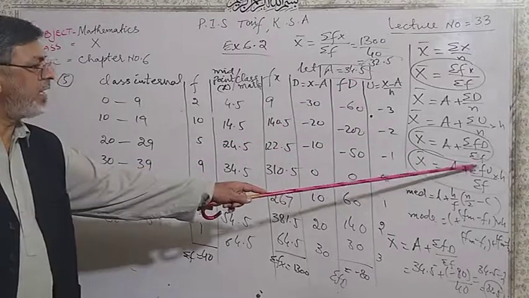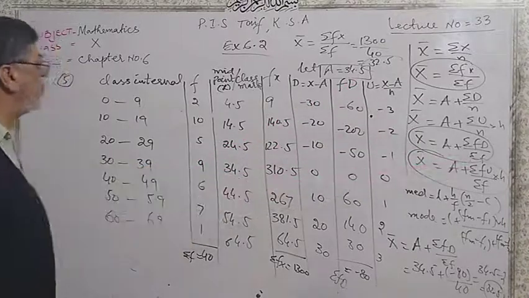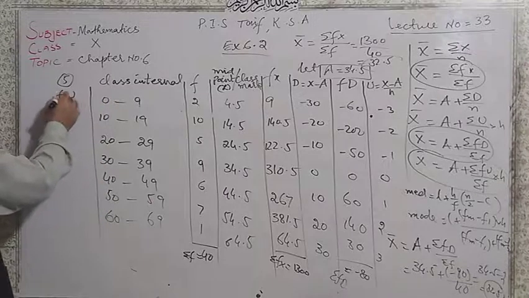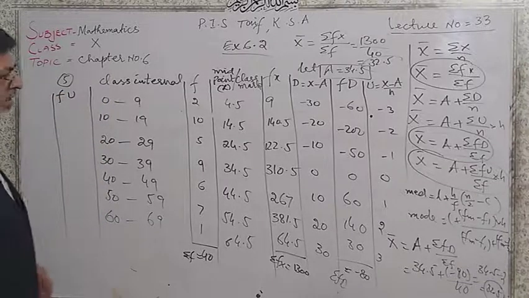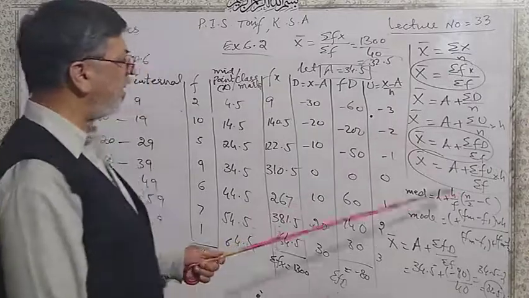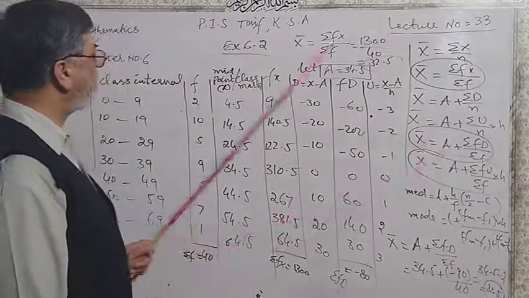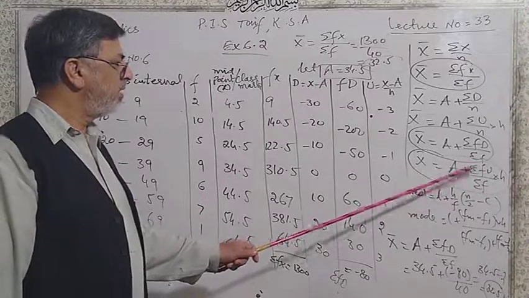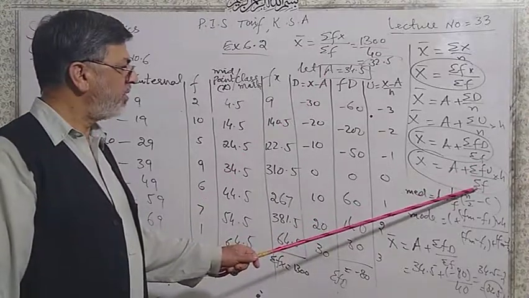So you have to make a new column of fu, and then apply the formula here. A is 34.5, sigma fu divided by sigma f, times h.